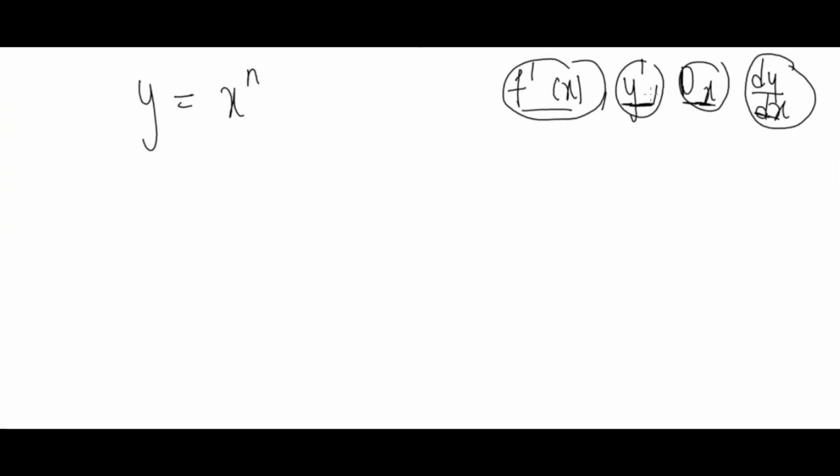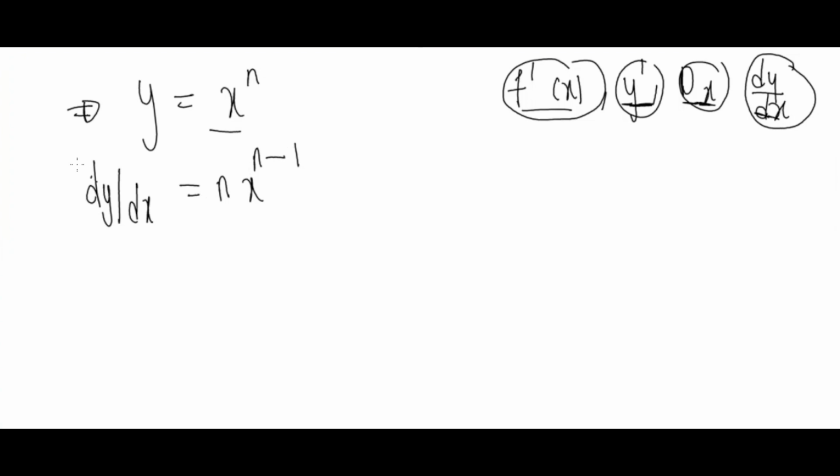So now, let's say you're given this function and you're told to find the first derivative. Let's say you're told to find dy/dx. So dy/dx in this function will be n times x to the power n minus 1.